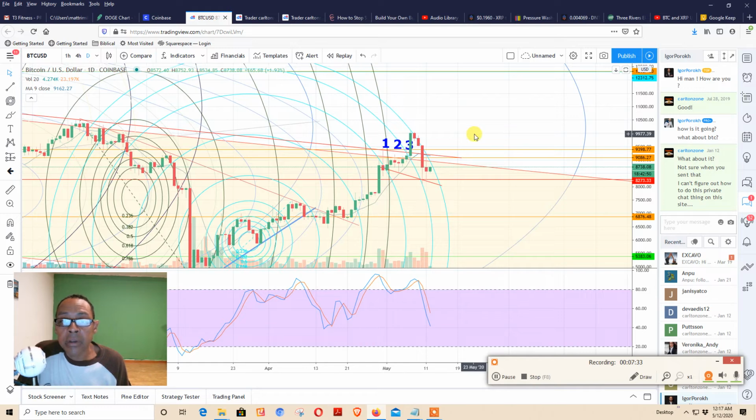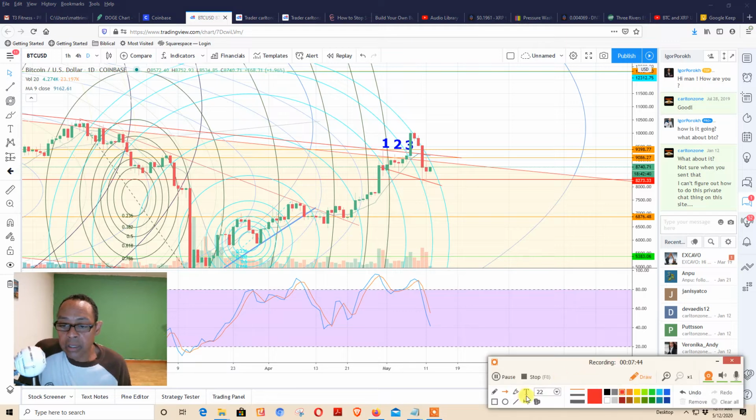All right, so these wicks, you see them touching along that red baseline, the descending baseline. Let's look at a positive scenario first, and let's draw some possibilities here.